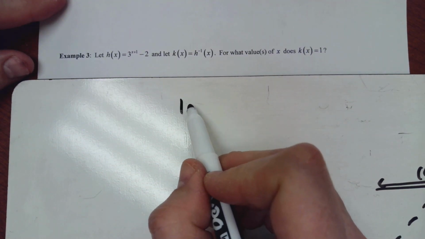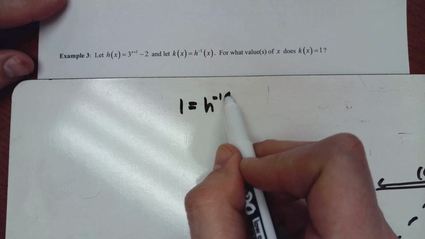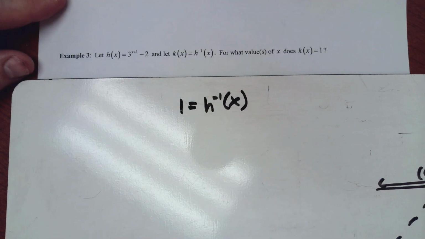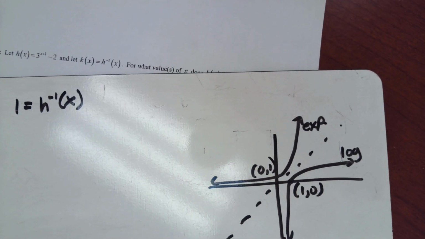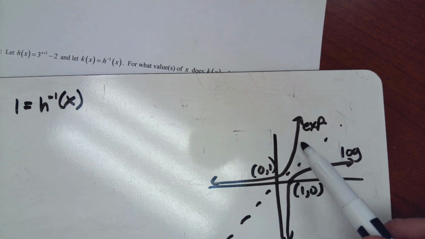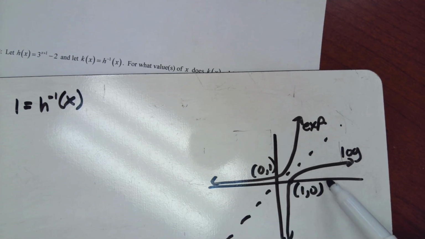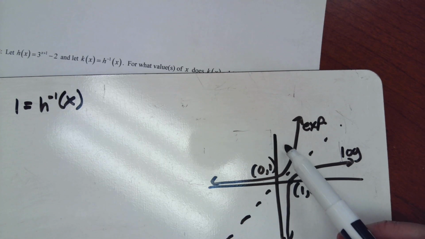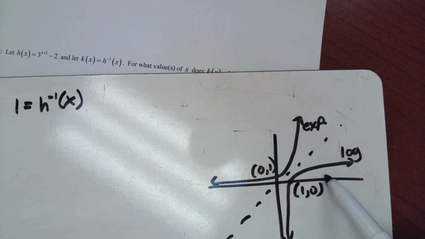So I'm trying to say 1 is equal to h inverse of x. So let's go back and remember that the domain of our exponential function is the range here, and the range here is the domain over here.